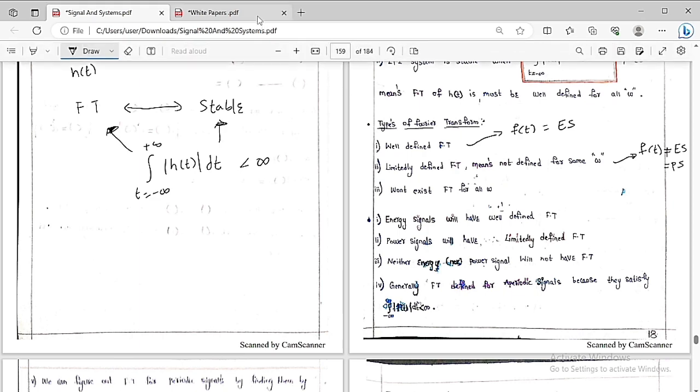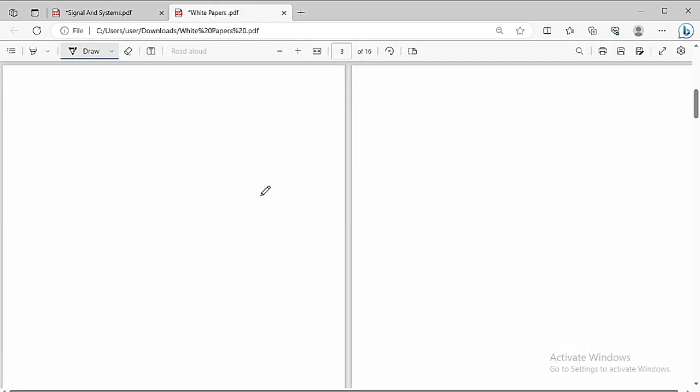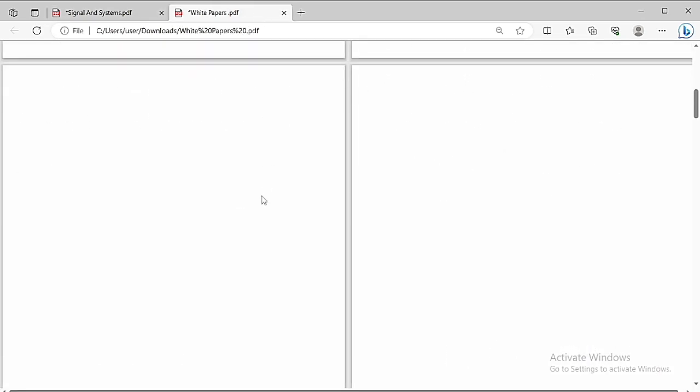So this table you have to keep in your mind. Listen carefully. Types of signals and the Fourier transform. Suppose it is an energy signal, then we have a well-defined Fourier transform.